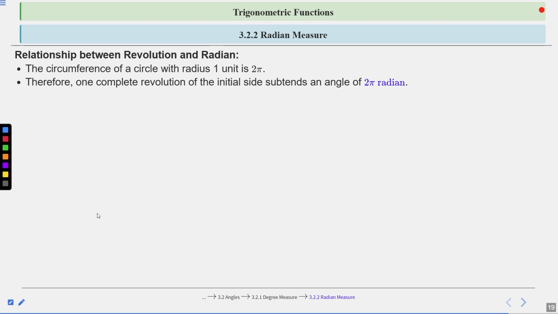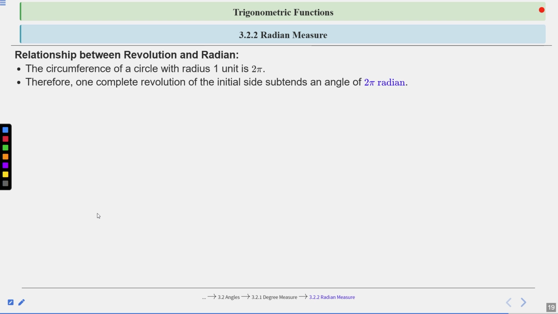So the first point is clear. We have the total circumference of our unit circle as 2 pi from the formula 2 pi r. Clear? Now, one complete revolution means you start from your initial position OA, and your terminal position is the same as your starting position.